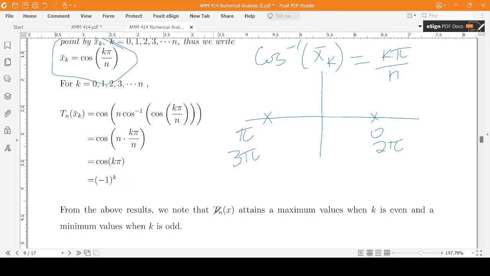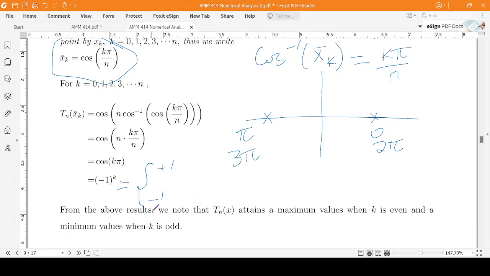Now, from this result, we can conclude. We see that minus 1 raised to power k can only have two possible values. It can only take the value of positive 1 or negative 1. It will be positive 1 when k is an even integer, and minus 1 when k is an odd integer.